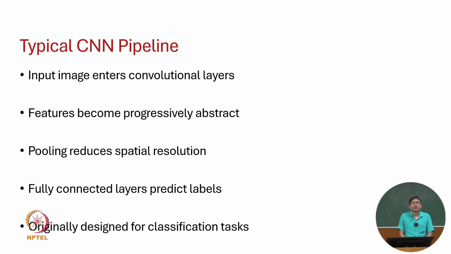Pooling helps indeed in making these features progressively abstract, which is also very important. Pooling reduces the spatial resolution. Finally, the fully connected layers are used to predict the labels. And this kind of pipeline is, of course, designed for classification.